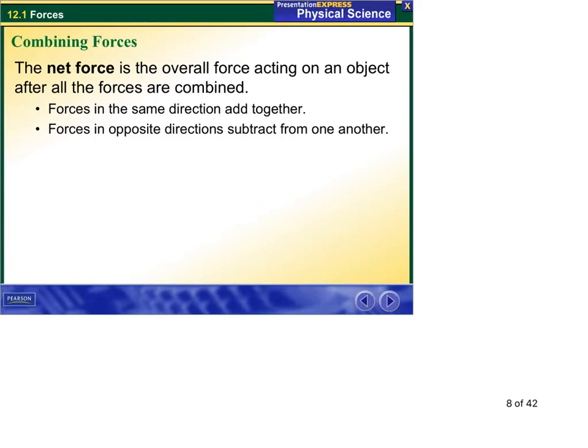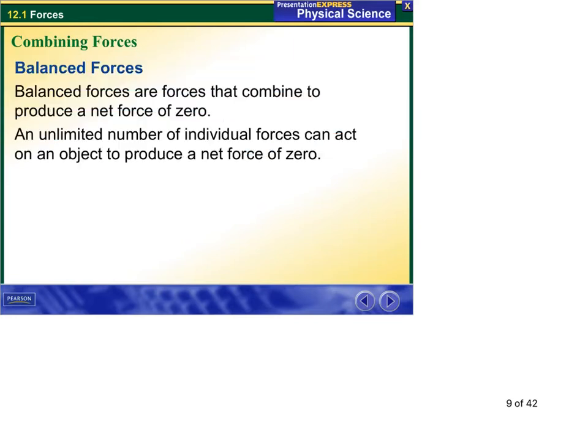We use a term called the net force, the overall force acting on an object after all forces are combined. Forces going in the same direction, we add; opposite directions, we subtract. Balanced forces give us a net force of 0. Very key little idea.